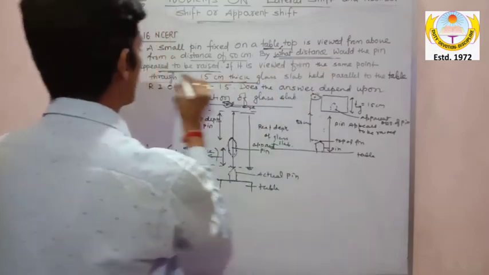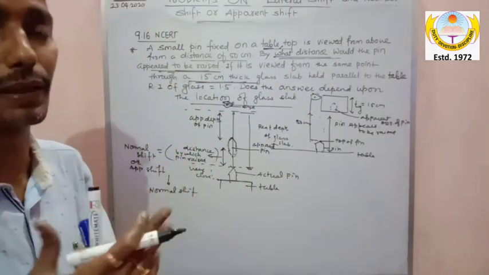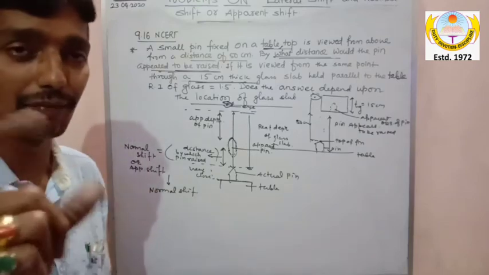So by what distance would the pin appear to be raised? It means we have to find the normal shift in the question. Please take care and identify the question.